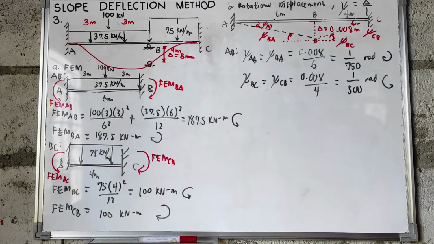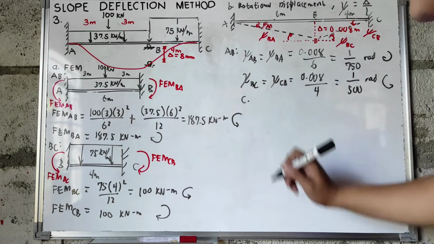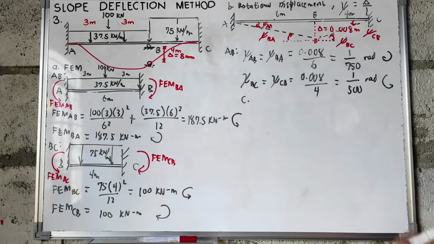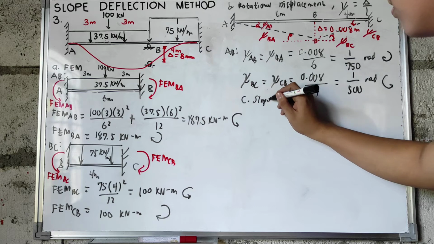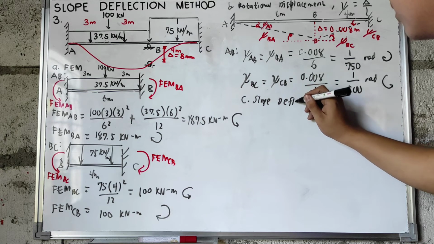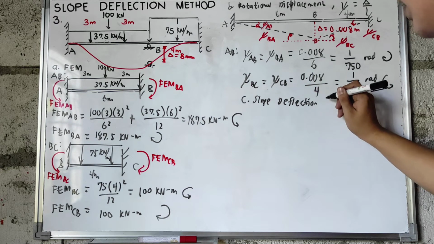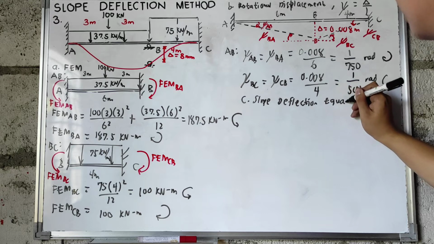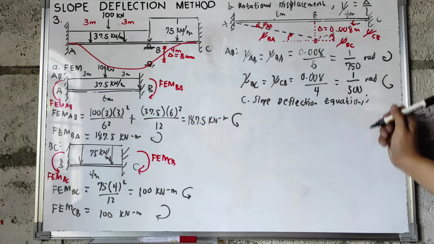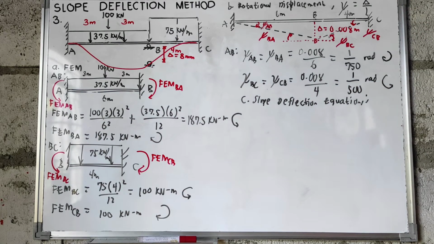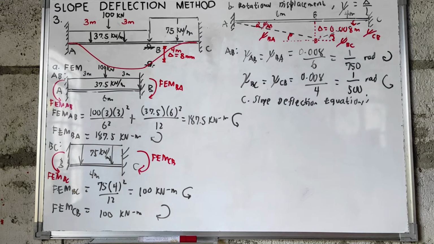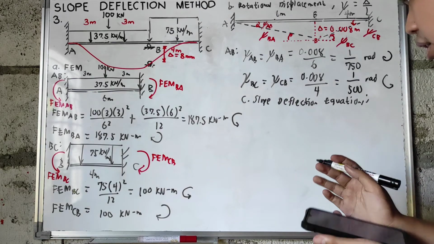So for this one, we can proceed for the step letter C natin in computing for our slope deflection equations. So for this one, meron tayong value ng rotational displacement natin. Hindi katulad sa mga ginagawa natin sa mga previous examples natin. So for this one, we can now calculate.